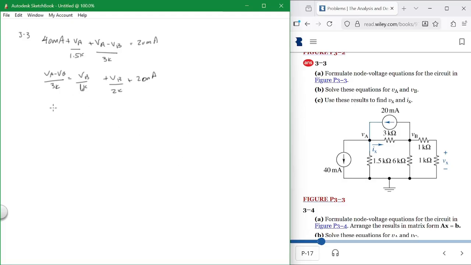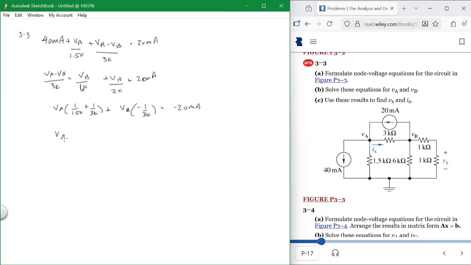Standard form: VA times 1 over 1.5K plus 1 over 3K plus VB times minus 1 over 3K is equal to minus 20 milliamps. That's our first standard form.